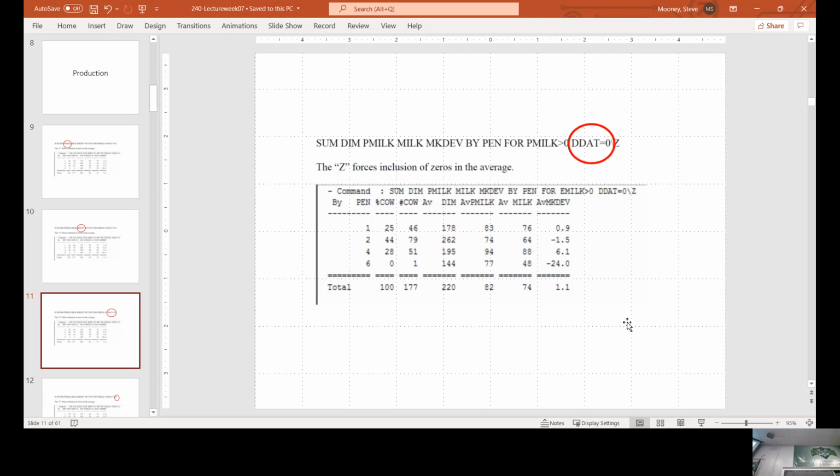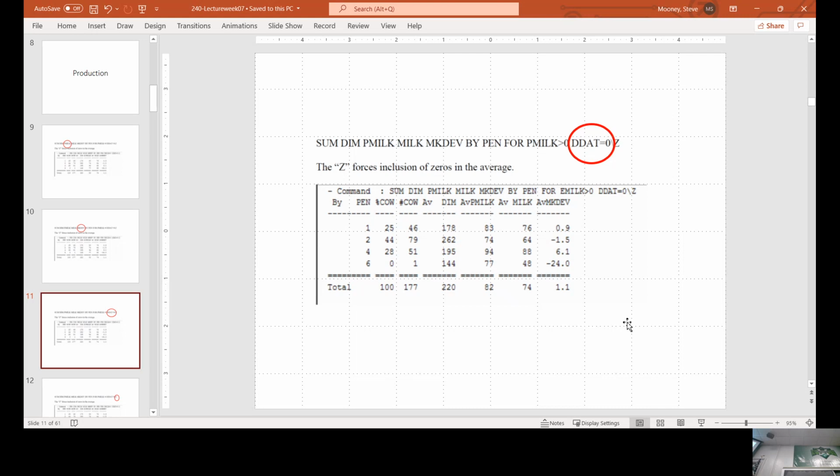We've got number of animals that fit that criteria, percentage of animals that fit that criteria, number of animals that fit that criteria, average days in milk, I think that's staying, and then average for the pen previous milk for all those animals, what is the current test day milk and what the difference might be.